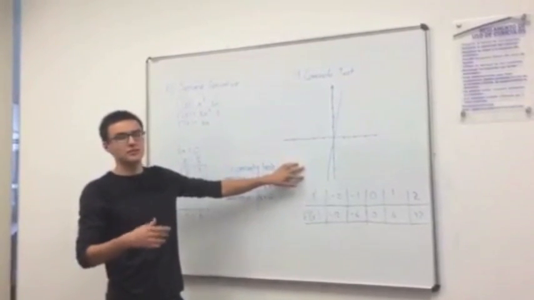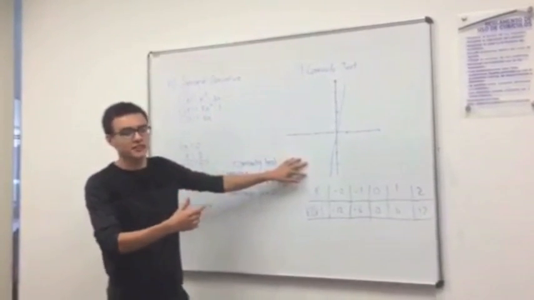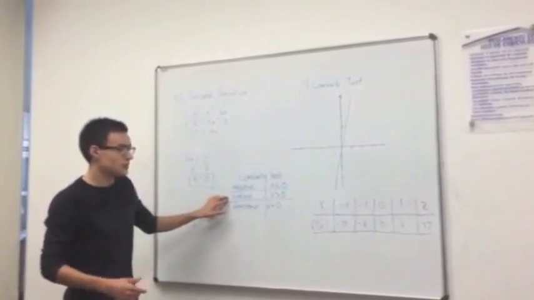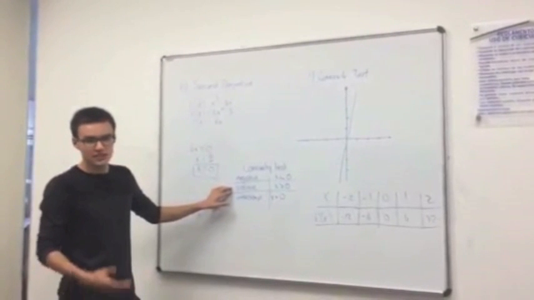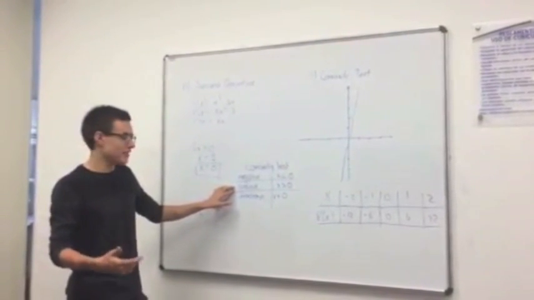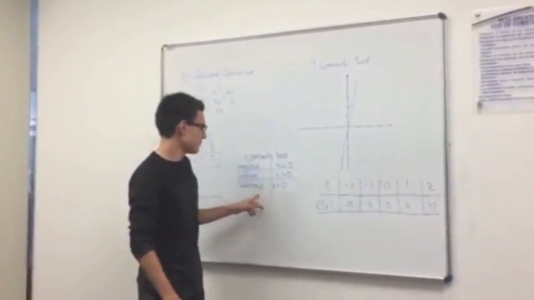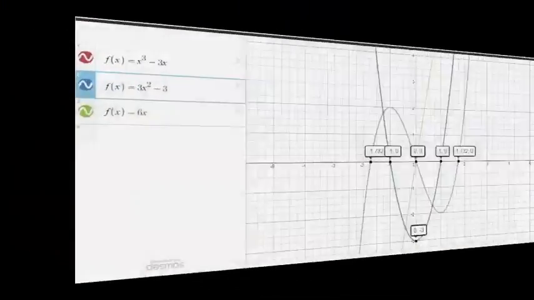And what is to the right of the inflection point, you can see that is positive. Therefore, the concavity is positive where x is greater than 0.